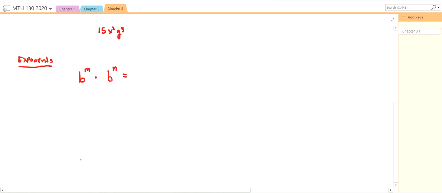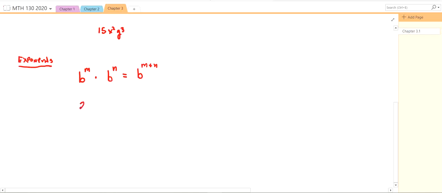What do I get? Well, the way you do this is you take b, and then up here in the exponent, make m plus n.